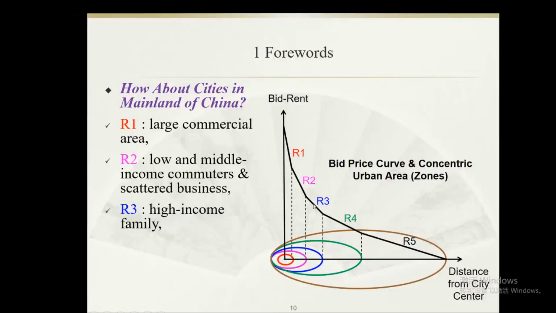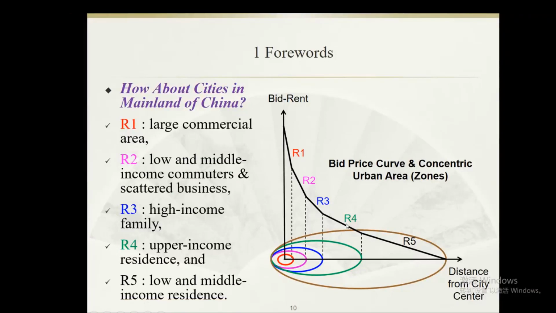Okay, can you understand? R4, upper income residents. People here are residents of this city, and they have comparatively high income. R5, low and middle income residents. Is this similar to your country?